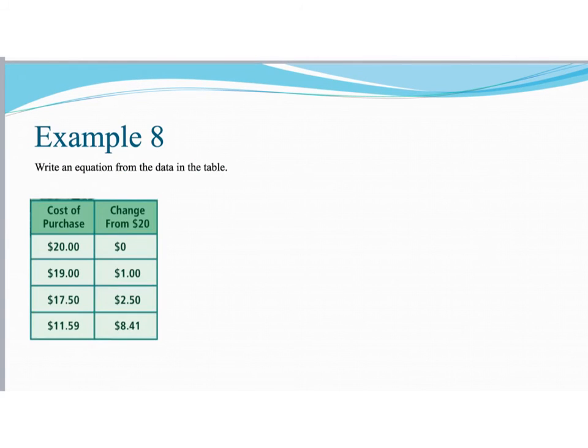So now we're given a table, and I want to see if I can come up with a relationship to find my cost when I'm starting with a $20 bill. And I get that information because I can see that my cost is right here, and then I see that I'm starting out with a $20 bill because it says a change from 20. So the cost of my purchase, again, I told you I like to use the variable C for cost.